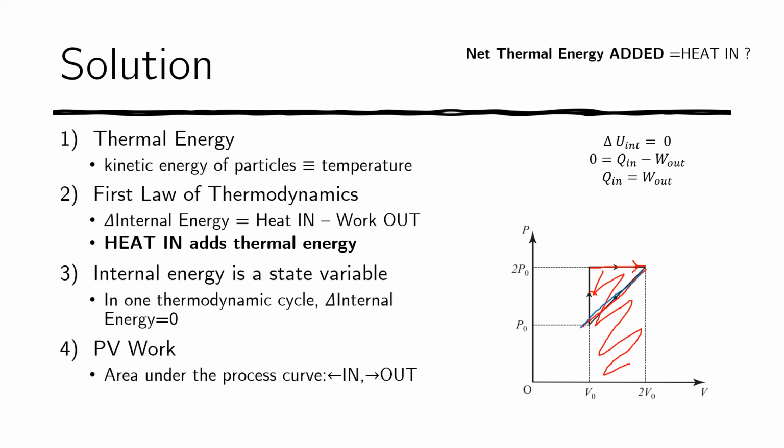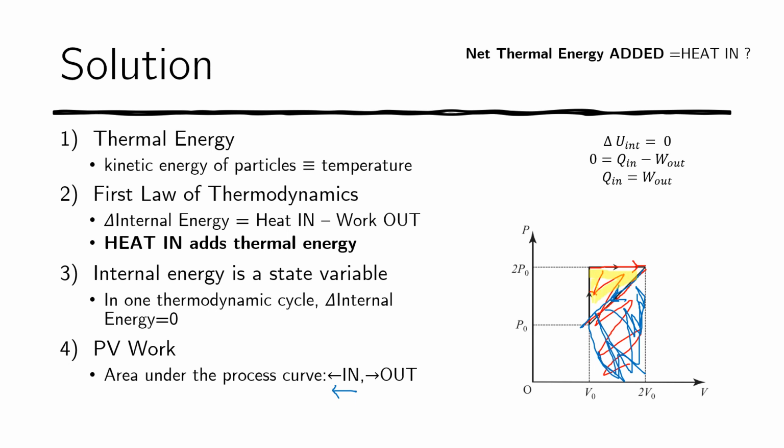For this process here, the area under that would be this. And also the direction is going there, so it's a negative work done by the system. So this is negative. So we have to subtract this area. The blue area must be subtracted from the red. And so we will be left with this area here.